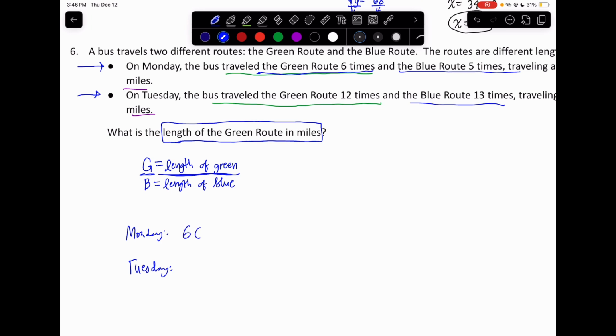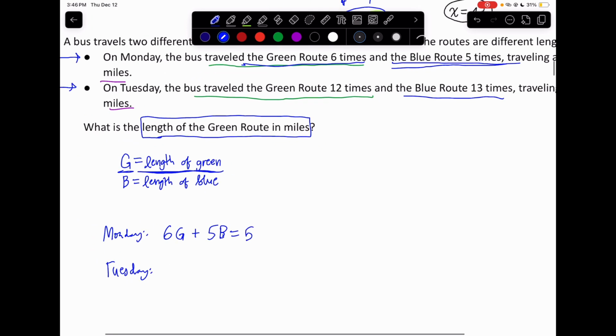So 6 times however long the green route is, plus 5 times however long the blue route is, will make 52 miles total. Then on Tuesday, the bus traveled the green route 12 times, so 12 times the length of the green route, plus 13 times the length of the blue route equals 119 miles altogether.